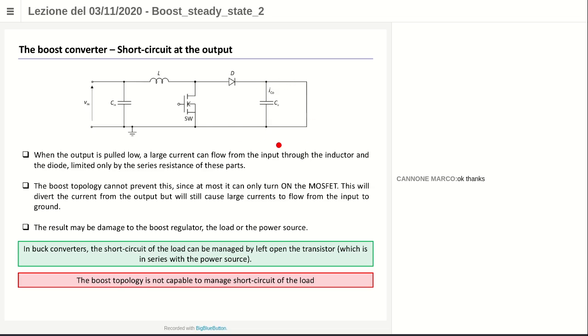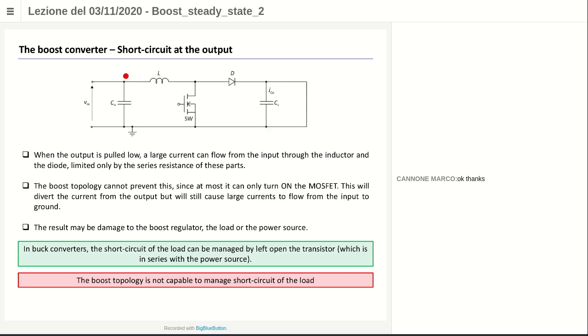It can happen during nominal operation that your load, for some reason not under the designer's knowledge, becomes, for example, a short circuit. The load becomes null. What happens if the load becomes null? In practice, there is no limitation of the current that can flow. So I0 becomes very large, because there is no resistance limiting this current.